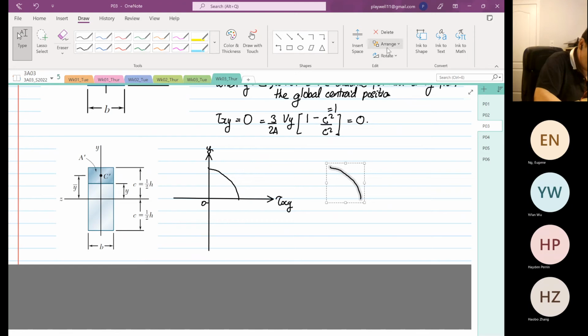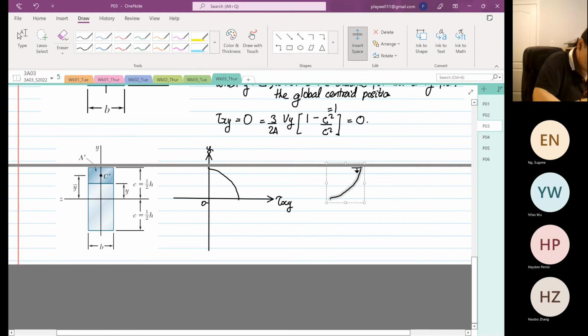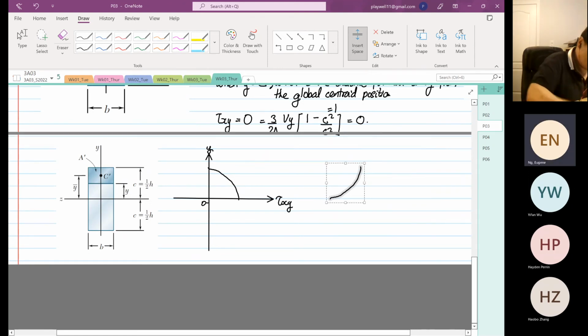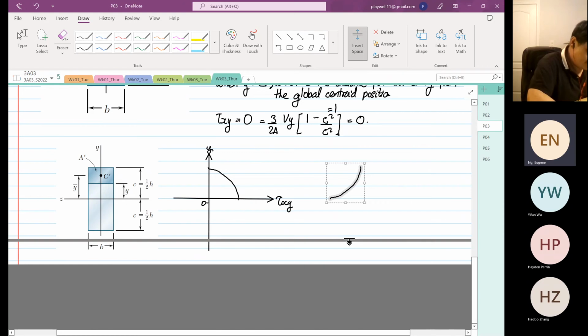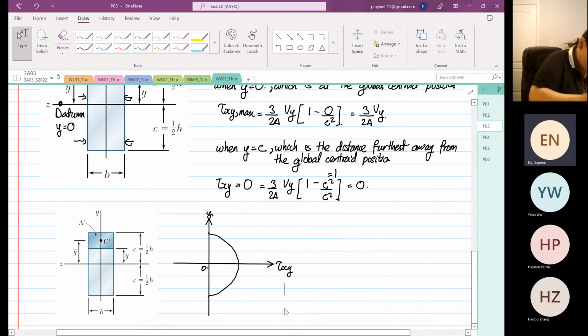So I'm going to flip this across. What is happening? Let me escape. Sorry about that. Okay, so this is how the distribution will look. And you will realize at this position, this is the location of the global centroid, right? You have tau max at the global centroid, and furthest away, your shear is equal to 0.